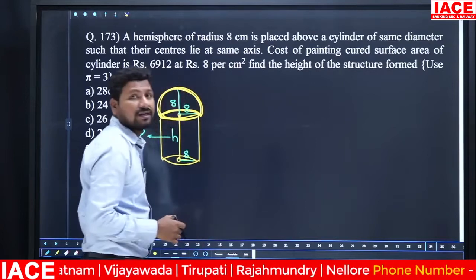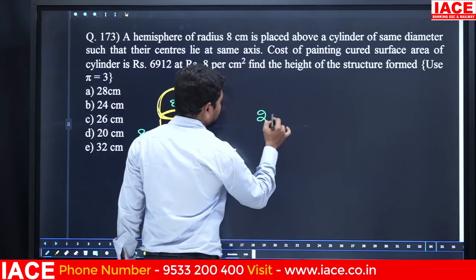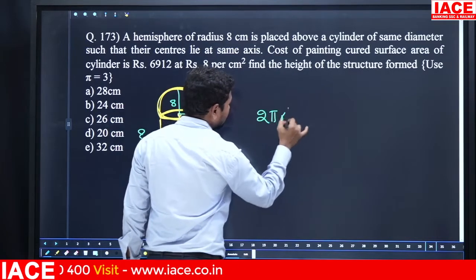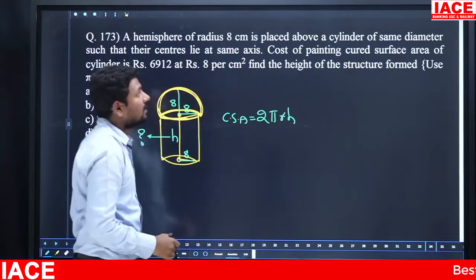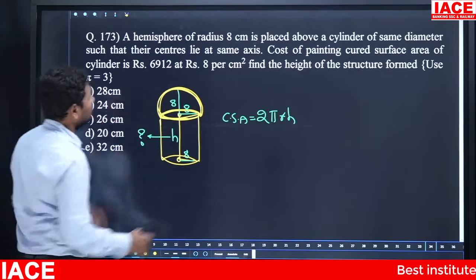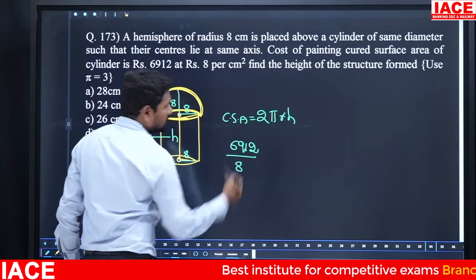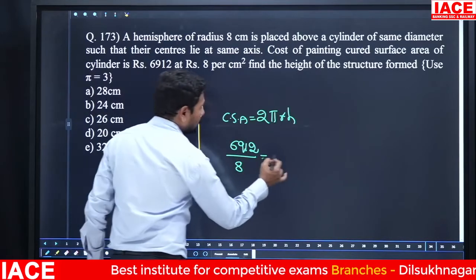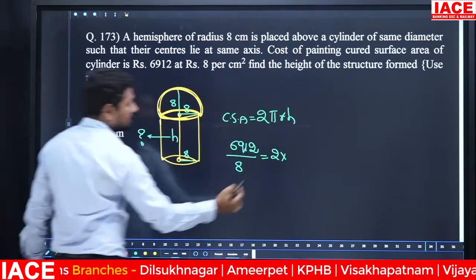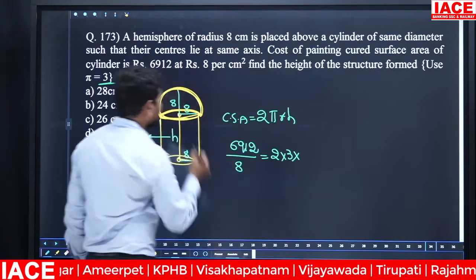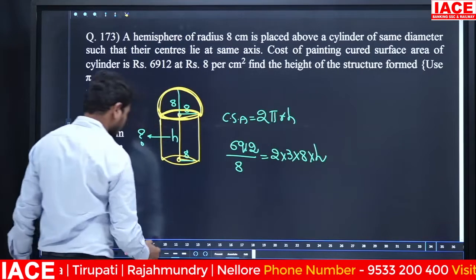The curved surface area of a cylinder formula is what? 2 pi r h. The curved surface area of the cylinder costs 6912 rupees, for each meter square 8 rupees. And for 2 into pi, we can use 3 parts. And the radius is 8. We need to calculate the height only.